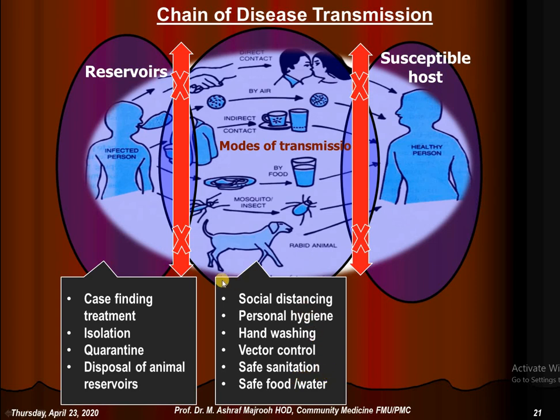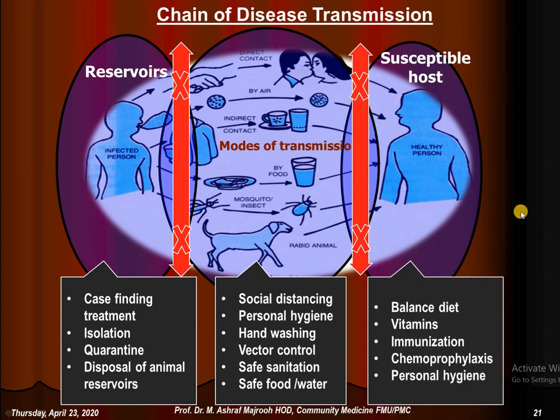If these barriers are not implemented, the other option at the susceptible level is to increase immunity through a balanced diet, vitamins, vaccination, immunization, chemoprophylaxis, and personal hygiene.